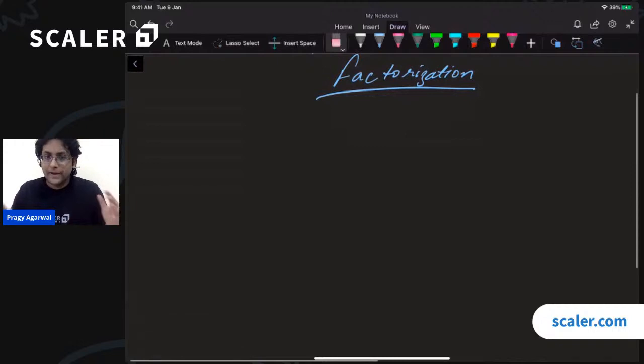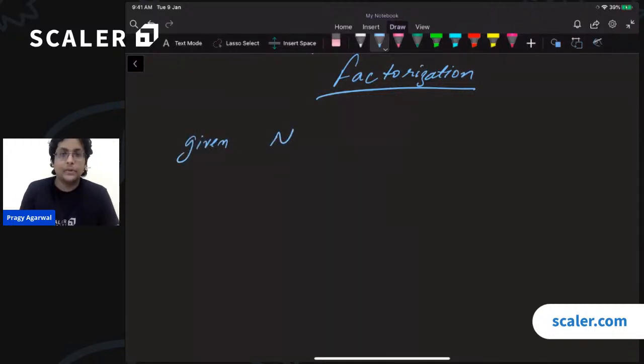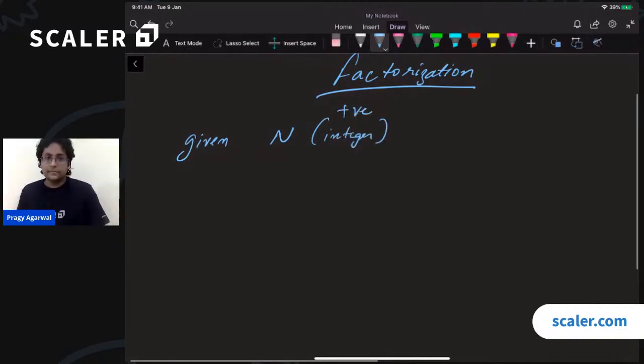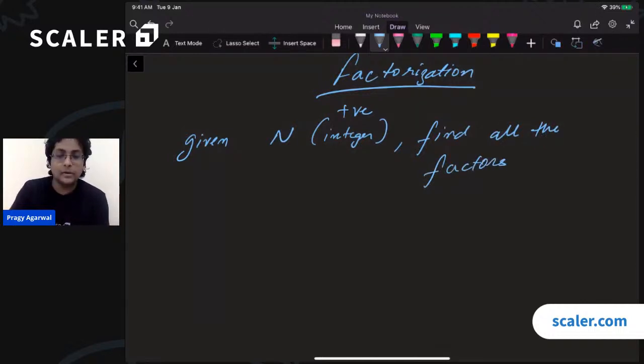Cool. So before we begin, let us start with a question directly. Let us say that you have been given a number n, and this is an integer. In fact, this is a positive integer. Your task is to find all the factors of this number.